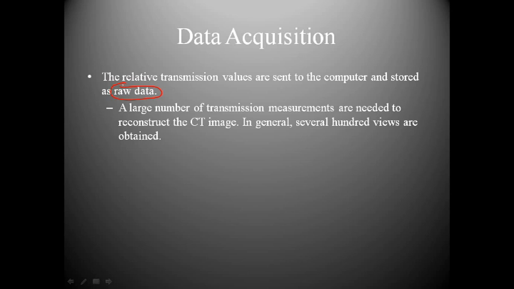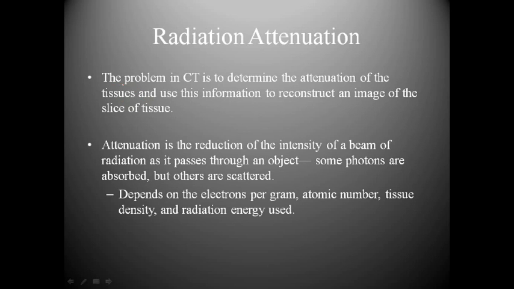And so there's going to be a lot of transmission data stored in the computer that the computer has to do fast calculations on, so that we can see an image. So the problem in CT is to determine the attenuation of the tissues and use this information to reconstruct an image of the slice of tissue.